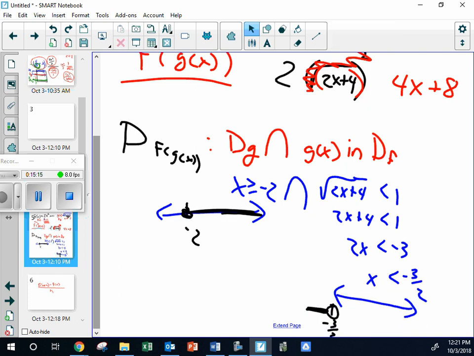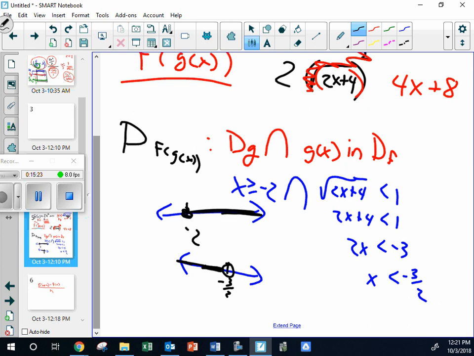You are so right. Bracket -2 to -3/2 with a parenthesis. Raise your hand if you had that correct final domain. Okay, good. All right, let's not worry about that anymore then.